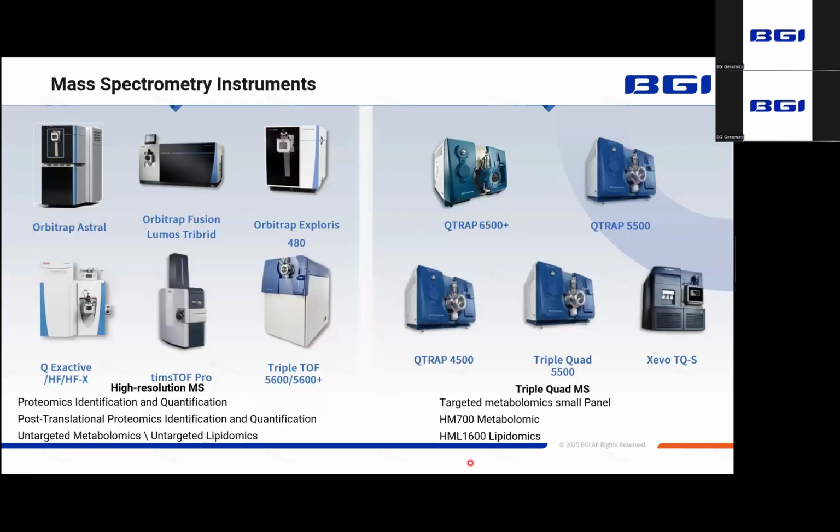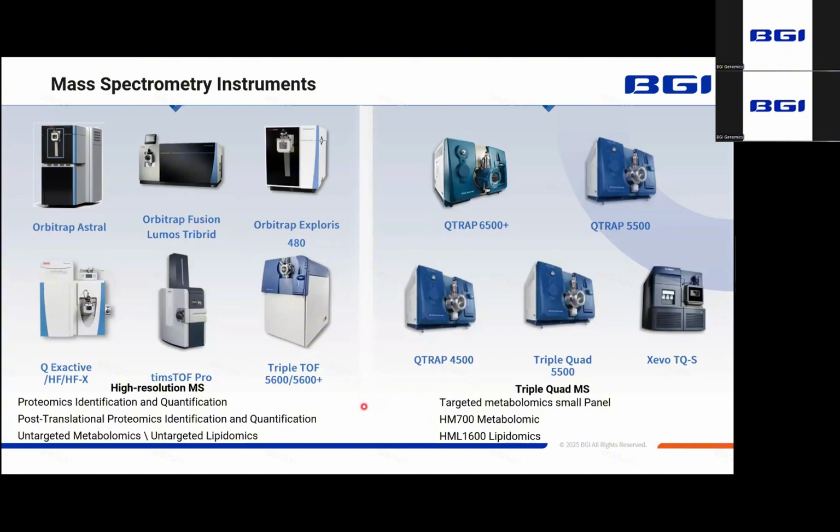Here you can see our main MS instruments: Thermo Orbitrap, Astral, and Lumos, Bruker's timsTOF Pro, and SCIEX QTRAP, or integrated with DNBSEQ sequencing for multi-omic projects.